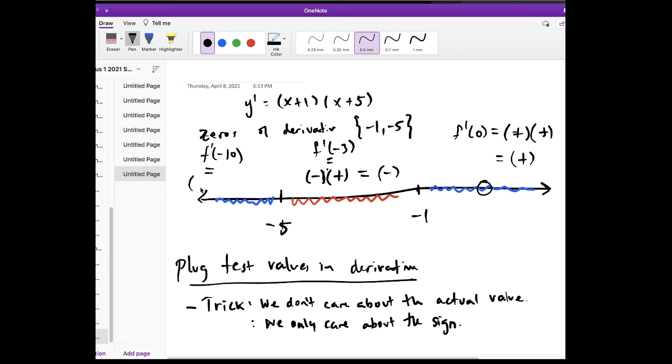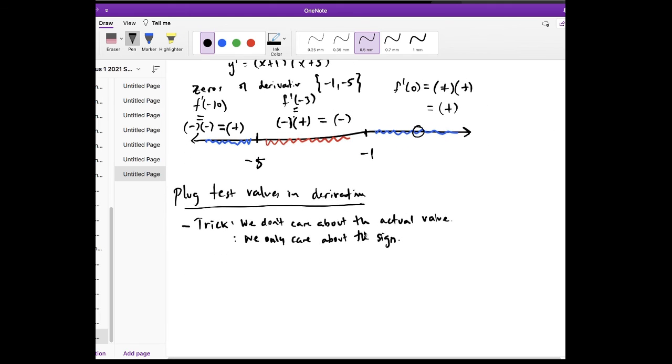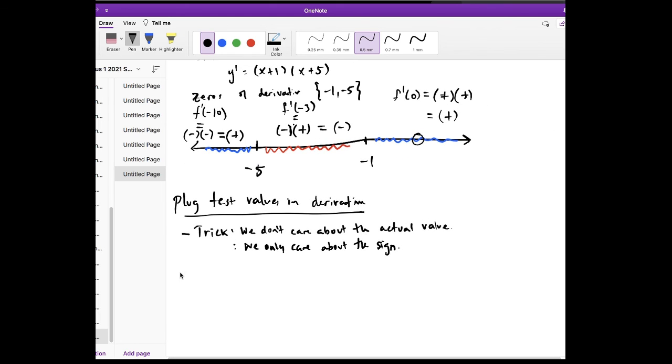You plug in -10. Yeah, negative. And the second factor? It's also negative. What's a negative times negative? Positive. Okay, so I like that method just because you don't need to plug anything in.